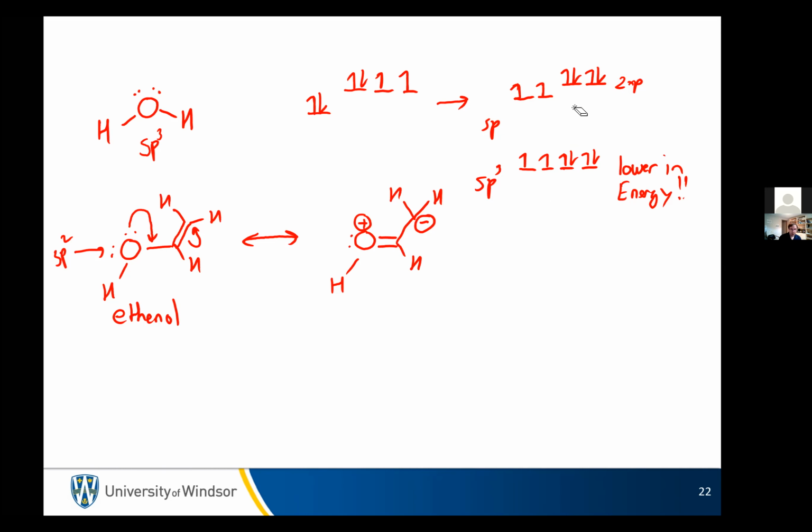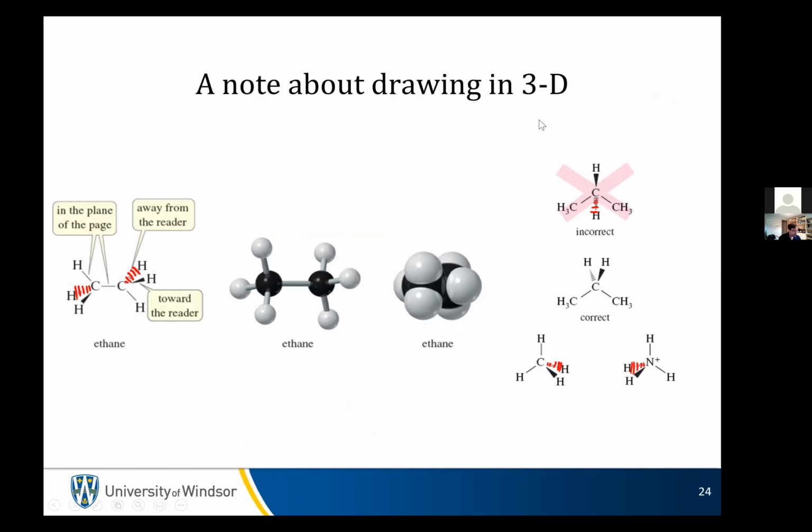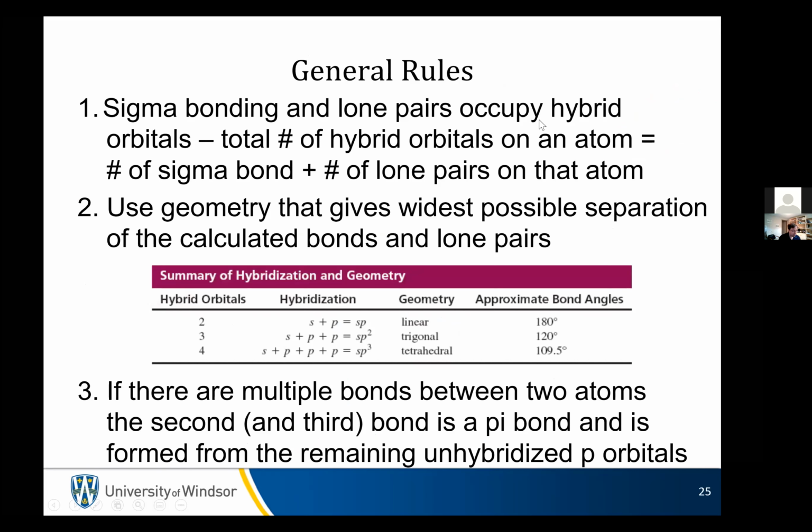Okay. I think we're done actually. These are the general rules. So sigma bonding and lone pairs under most circumstances occupy hybrid orbitals unless they can't, because you have to consider resonance. So that's why the first thing you should do is figure out what the hybridization is. And the first way to do that is figure out if there's any resonance.